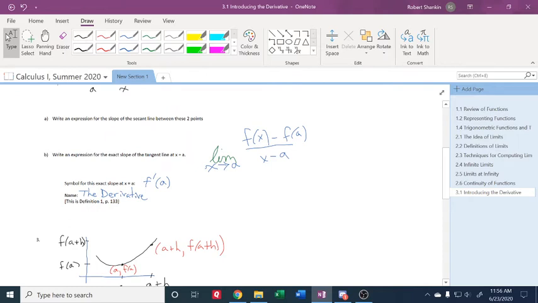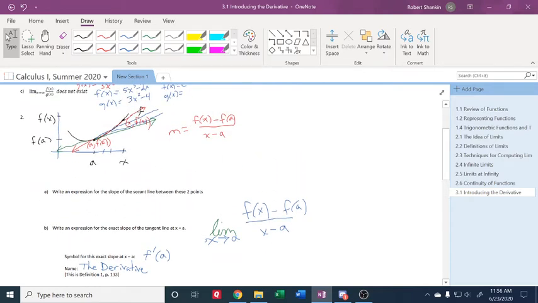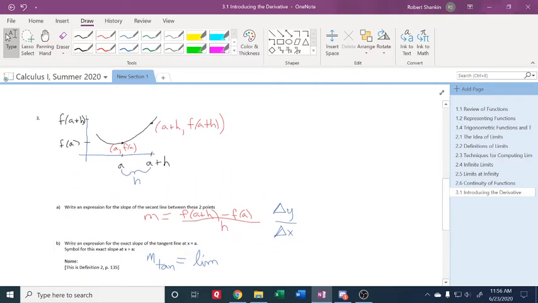Up here it was as x approached a, as this point moves towards the first point. How do I get the second point to move towards the first point? I have to take what goes to what? Anybody have any idea? As h goes to 0. As that gap between them shrinks, so if you made h half as small, you'd be here. Quarter as small, you'd be here, and you'd move more and more towards it.